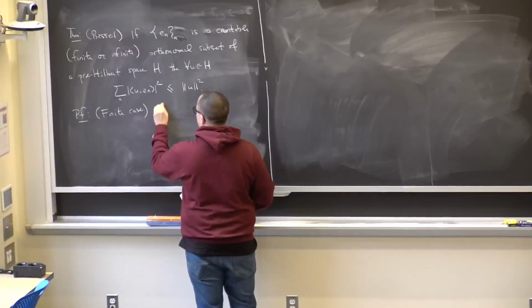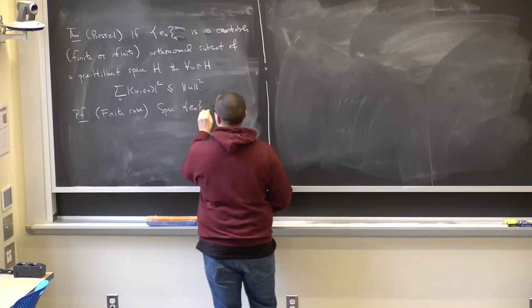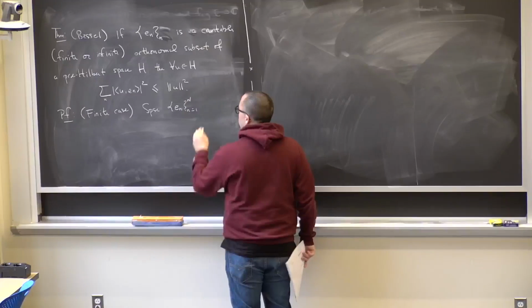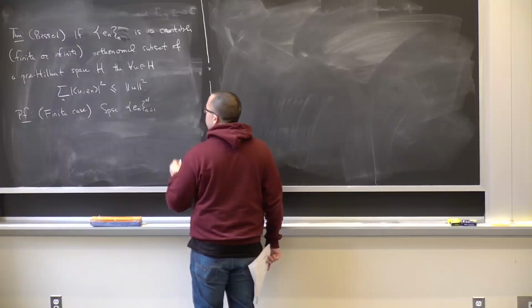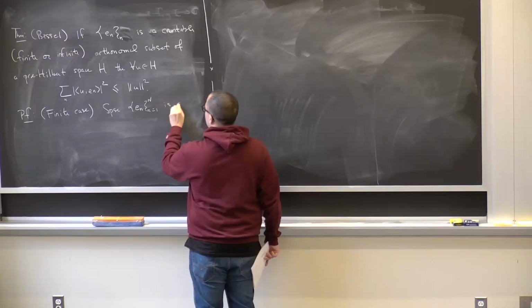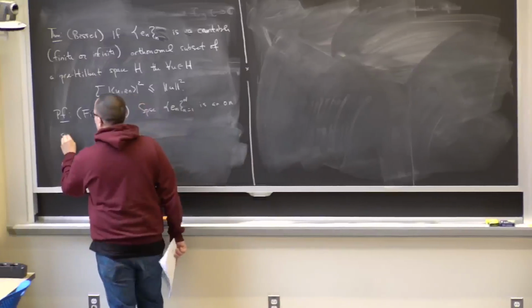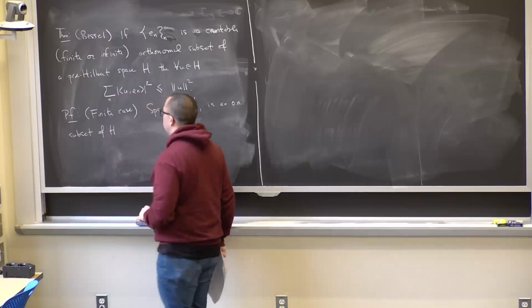Suppose I have a finite orthonormal subset of H, or I'll often say a finite collection of orthonormal vectors in H, an ON subset of H, again, ON standing in for orthonormal.